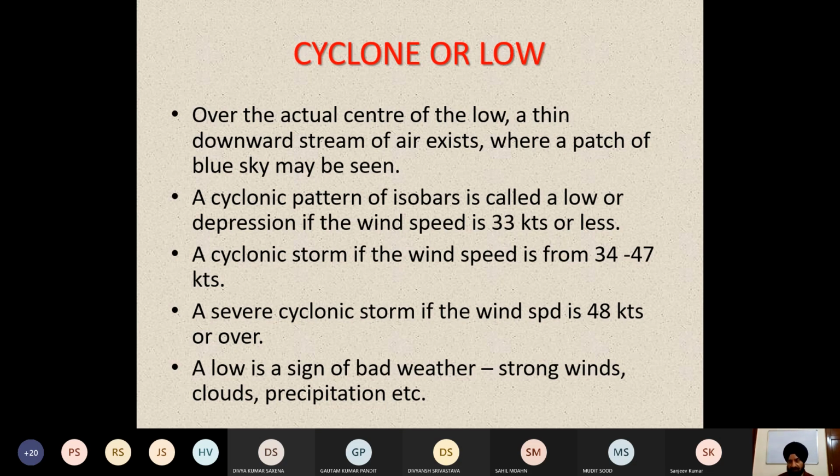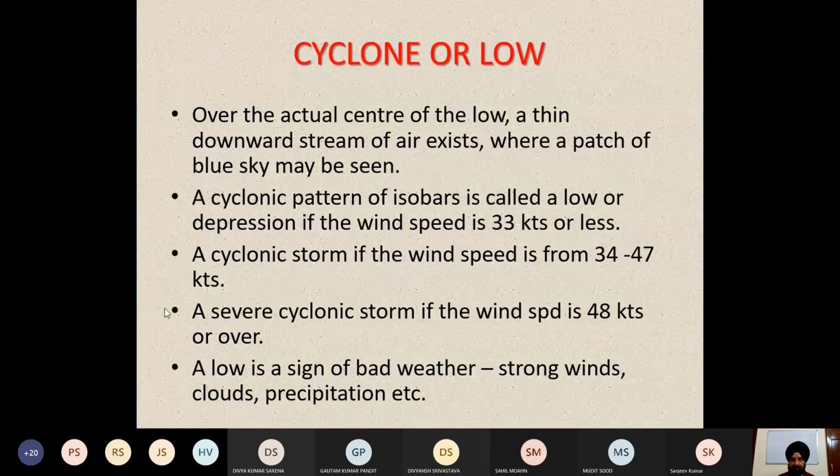This is what the meteorologists do, they give these names. We keep hearing them on weather reports and various media: the severe cyclonic storm is going to approach this coast or that coast.